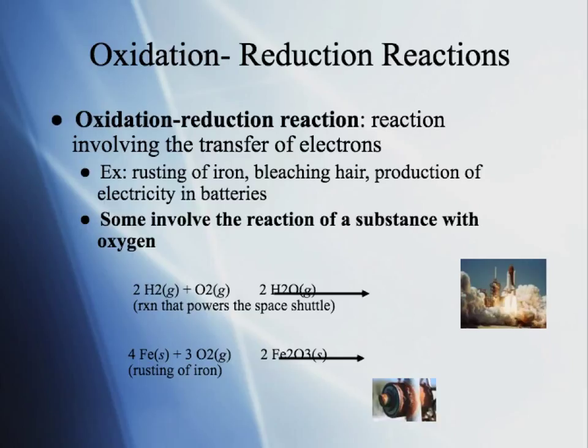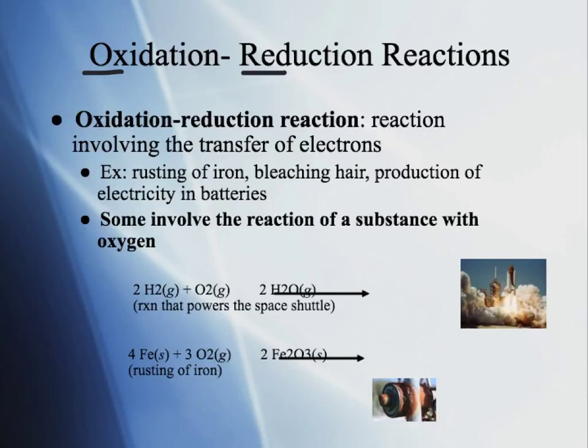Another way we call this is redox reactions. Oxidation reduction reactions involve the transfer of electrons. So rusting of iron, bleaching your hair, production of electricity in batteries, all of those, you're transferring electrons to make a new product.